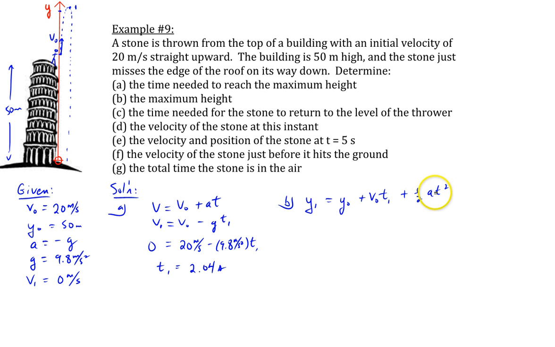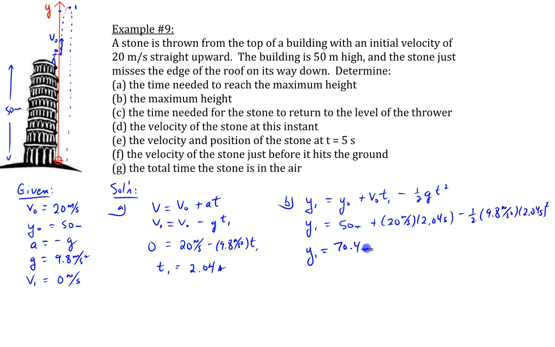But you could replace the a with negative g, and you get this. And then we can substitute in. We have initial position of 50 meters. The initial speed is 20 meters per second. Time we just figured out is 2.04 seconds, minus 1/2 times 9.8 meters per second squared times that 2.04 seconds again squared. And this gives you an answer of 70.4 meters.